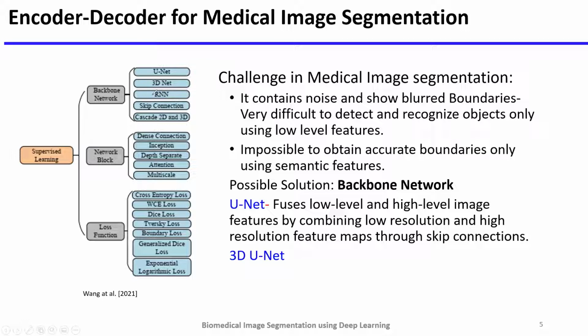But the challenge is that, especially in the medical image domain, the data contains noise and blurred boundaries, so it's very difficult to detect and recognize objects using very low level features. What happened in the previous autoencoder decoder model? We do the feature representation and we assume that the low level features are able to generate all the correct classification.